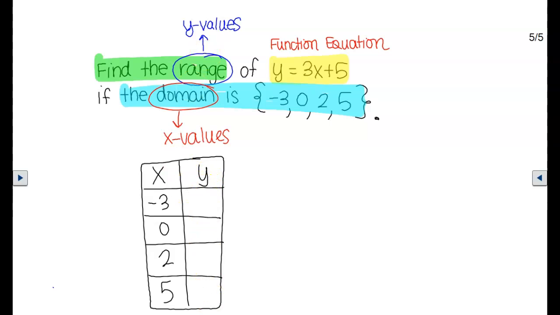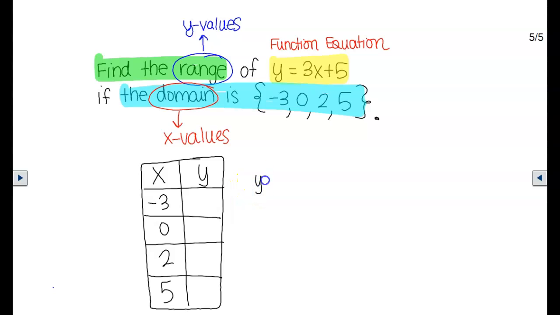So this is really the same question that we just did in those other 2 examples. It's just written in a different way. They want me to find the y's, which is what I've been doing every single time, if I know the x's are these numbers. So this is just going to be input, output. So first we're going to input -3 for this x.